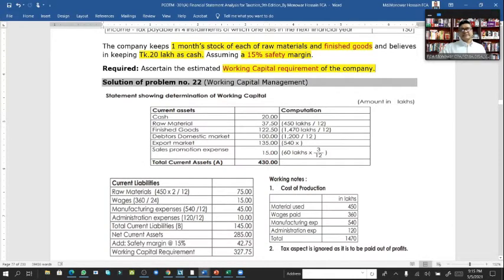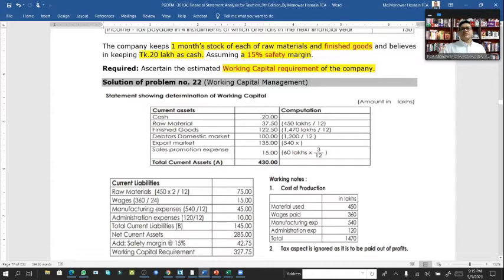The components of current asset are cash, raw material, finished goods, debtors in domestic, debtors in export market, sales promotion expense, etc. And current liability items are creditors for raw material, wages, manufacturing expense, administrative expense, etc. So first we will calculate the current asset.